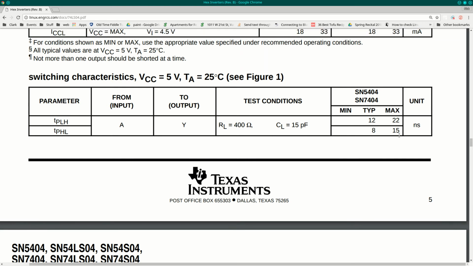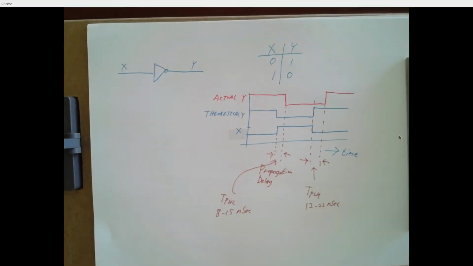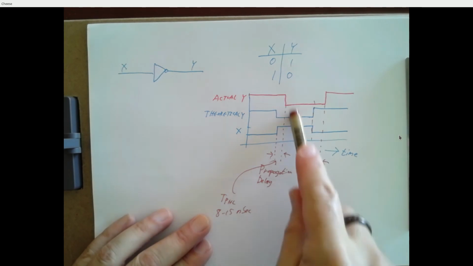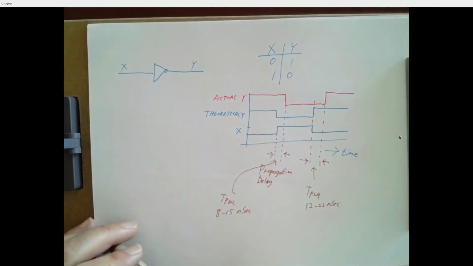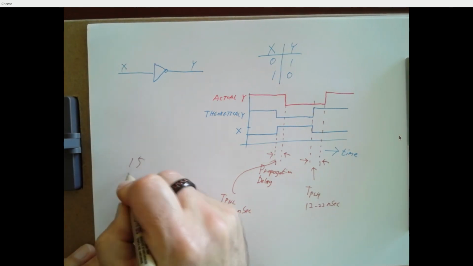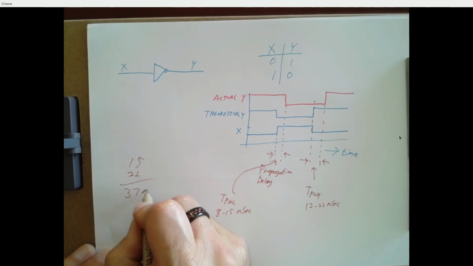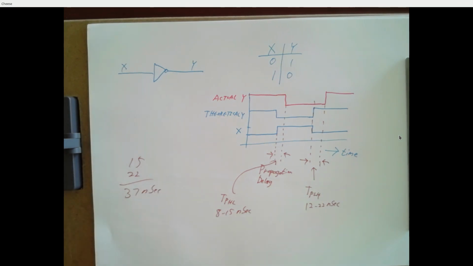So 8 to 15 nanoseconds. So this could take 15 nanoseconds for the output to drop and then another 22 nanoseconds for it to rise. So worst case, 15 plus 22, 37 nanoseconds for the output to go to 0 and then back to 1.